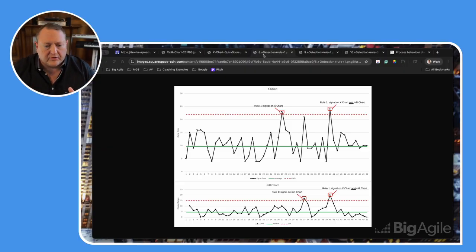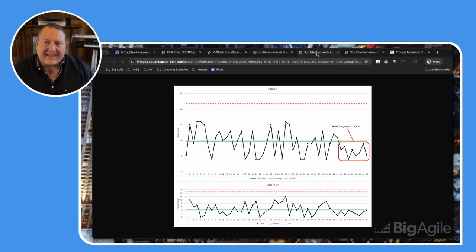But anyway, that is rule number 1: we're going to target any point that is outside of our upper and lower natural processing limit. Rule number 2 is what we call a run of 8. What we're looking at here is any data points following a natural signal of 8 or more successive values on the same side of the average line.